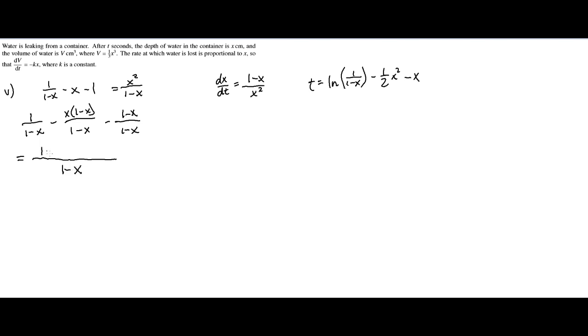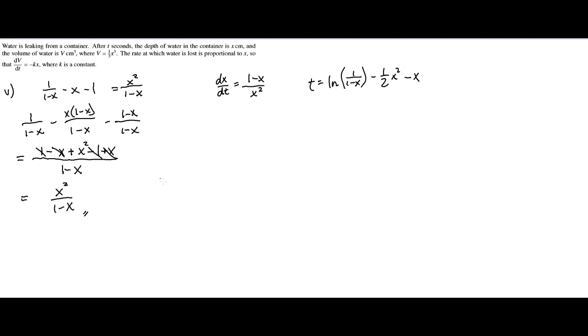So I have 1 minus x plus x squared minus 1 plus x, and the positive 1 cancels the negative 1, the negative x cancels the positive x, and we're left with x squared over 1 minus x.